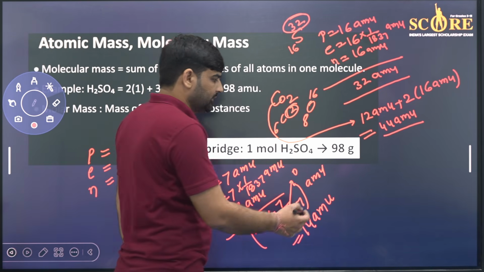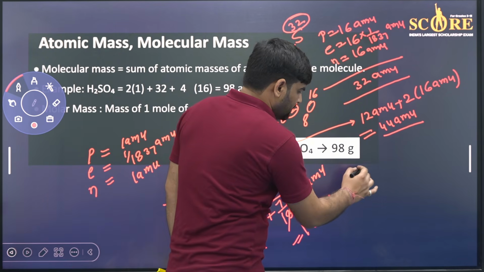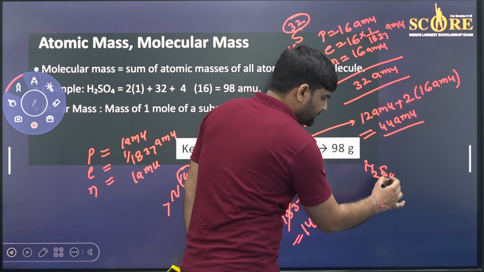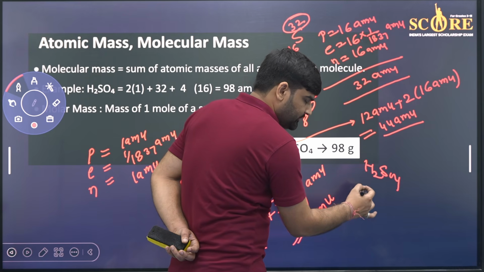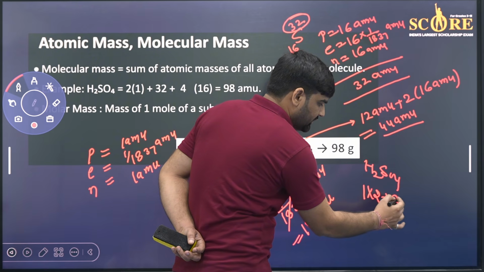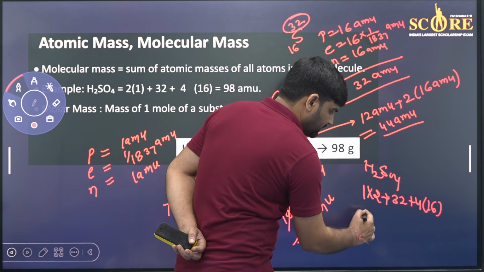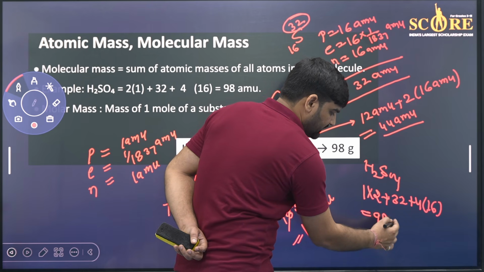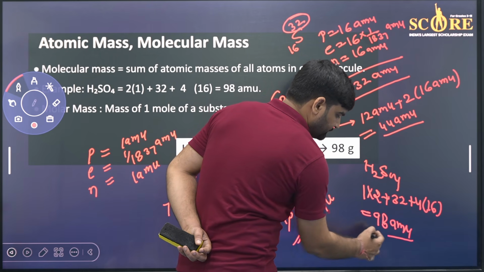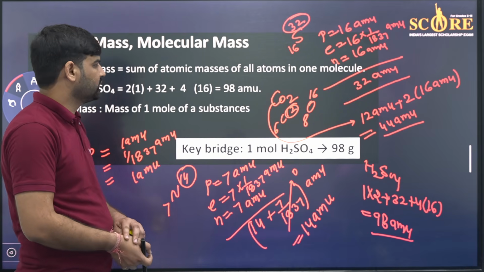Now you can say for H2SO4, hydrogen has 1 amu multiplied by 2, sulfur has 32 amu, plus 4 oxygen each has 16 amu. Then this will be 98 amu. You can see this is the molecular mass of H2SO4.